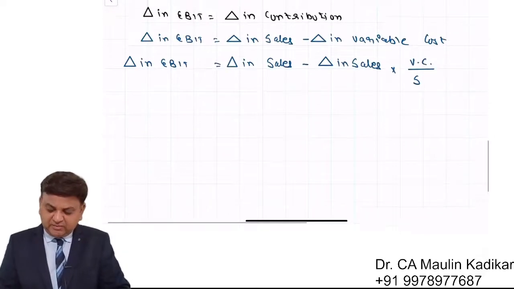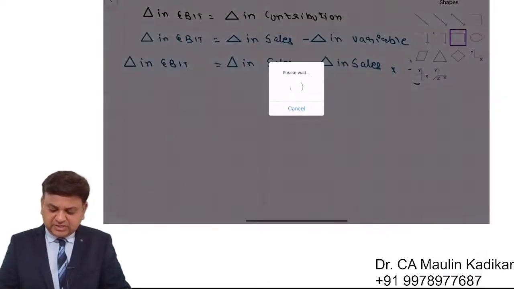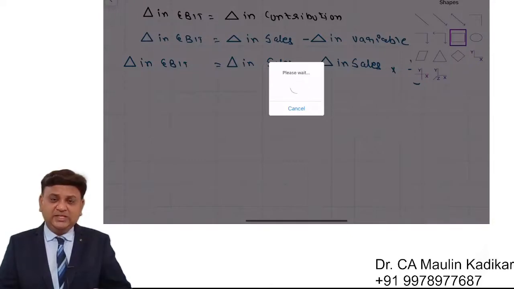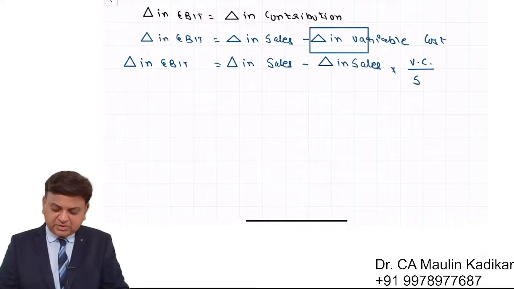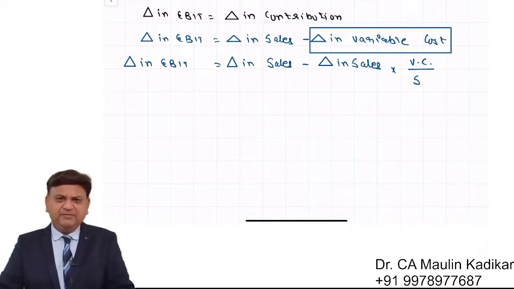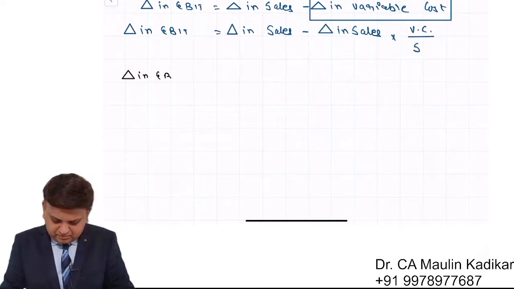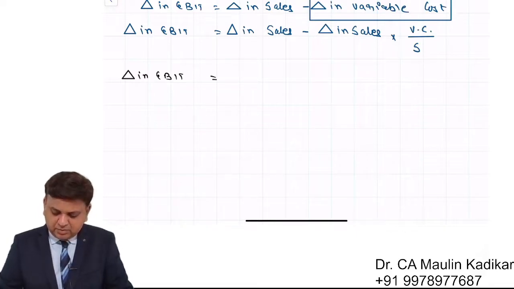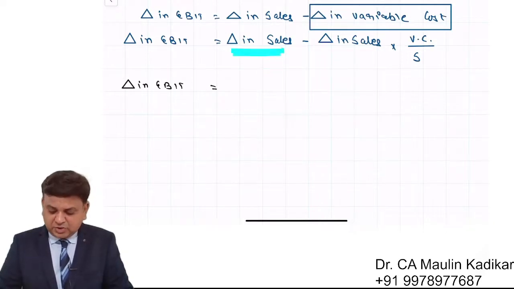So what is the amount by which the variable cost is changing? Variable cost is changing with an amount equal to change in sales into variable cost upon sales, and variable cost upon sales is indicating variable cost to sales ratio. Now it's very simple. Change in EBIT is equal to, now this is the change in the sales and this is also change in sales.